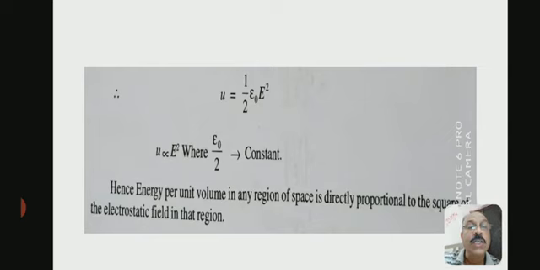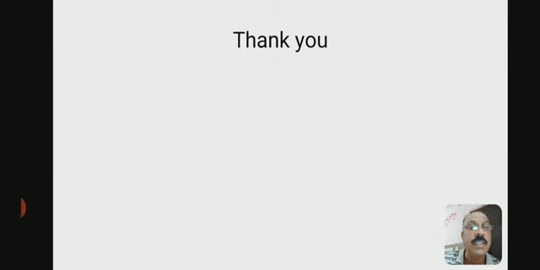That is, the energy density is directly proportional to E square, where epsilon naught by 2 is a constant. Hence the energy per unit volume in any region of space is directly proportional to the square of the electrostatic field in that region. So this is the expression for the energy density.